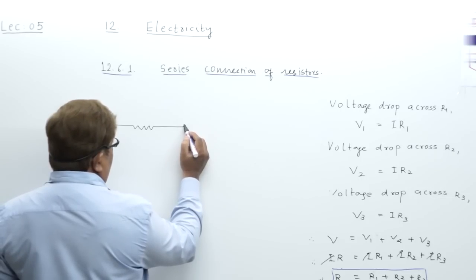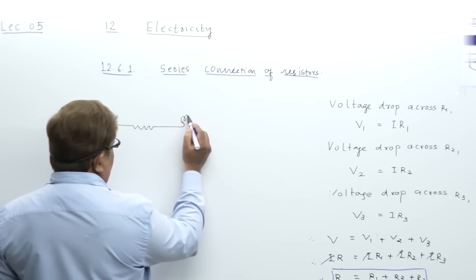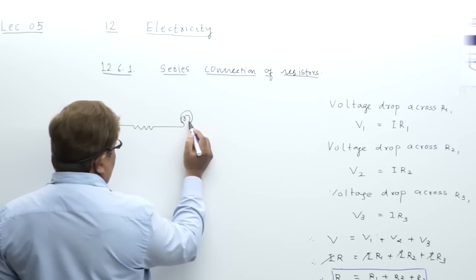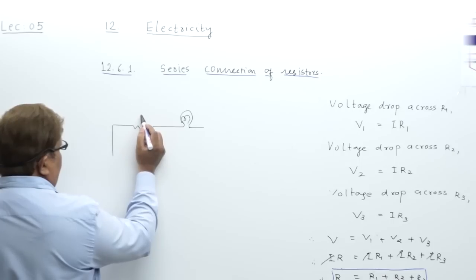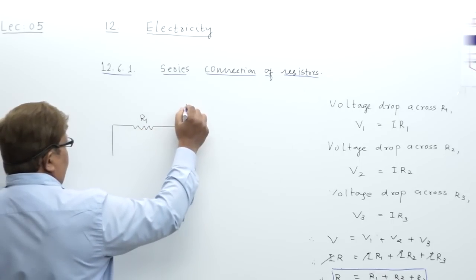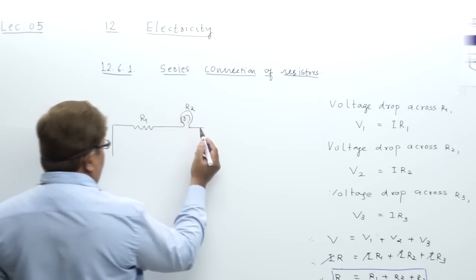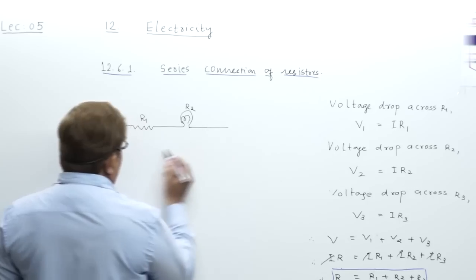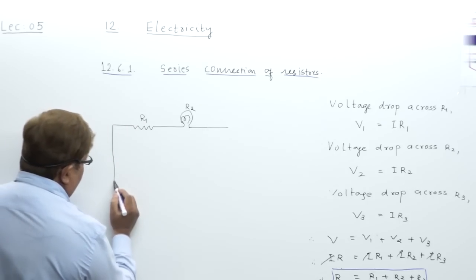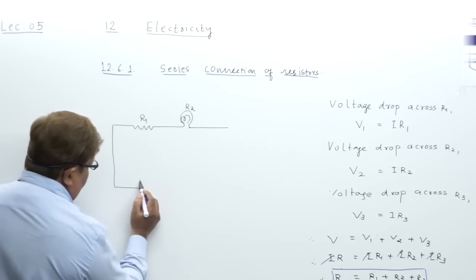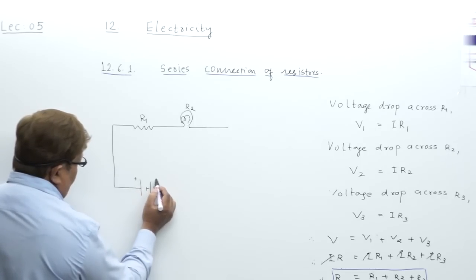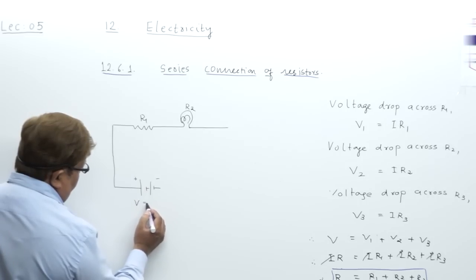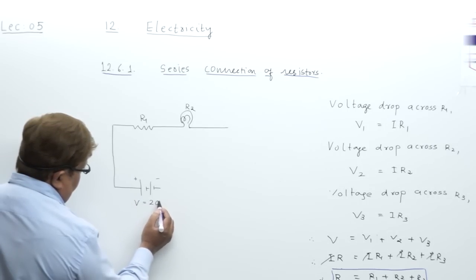And specifically I see here an electric bulb only. I say this as R1, and obviously the bulb is also a resistor, R2. Then it is connected with some battery of, suppose, 20 volt. V equals 20 volt.